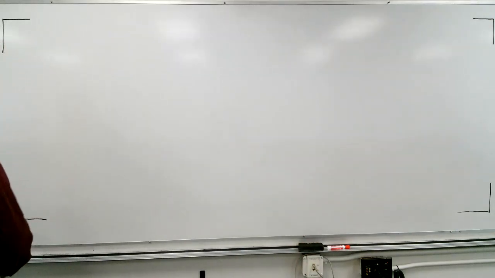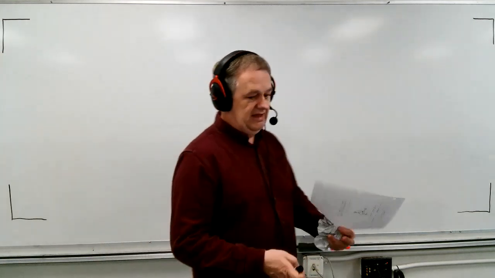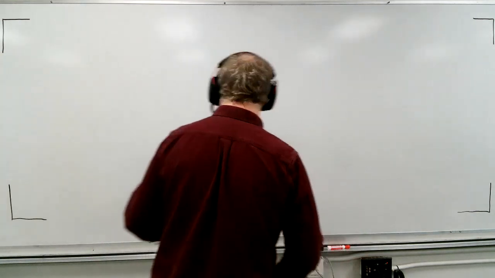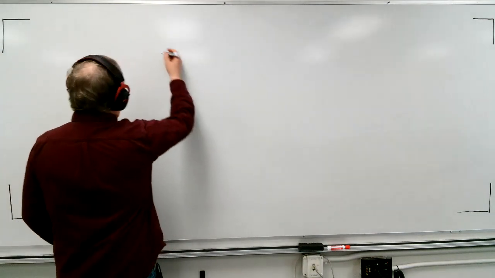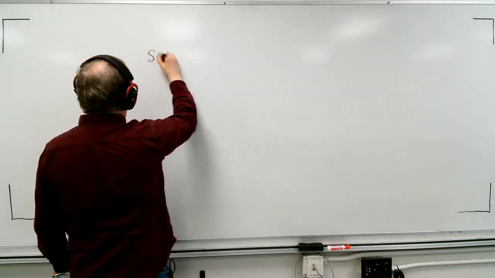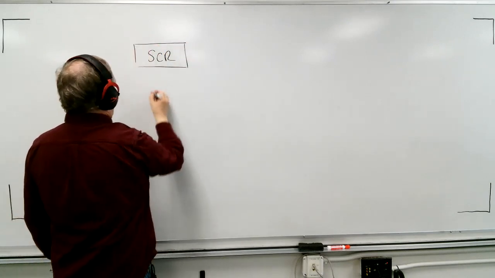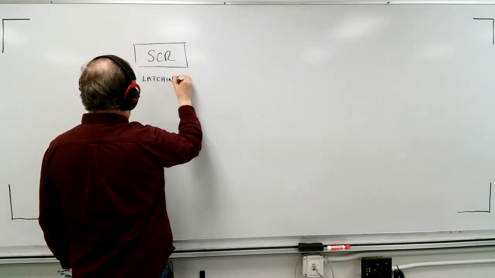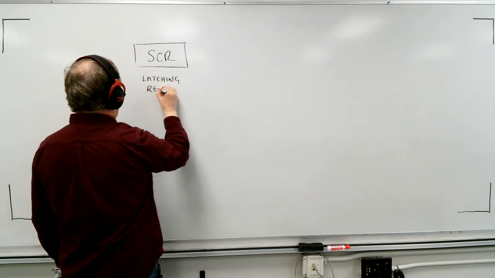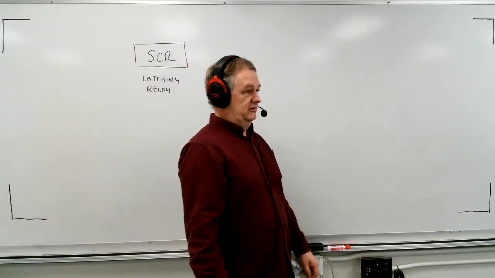Now I have one component left, and it is the LASCR. So let's continue on with that right now. We know that the SCR is essentially like a latching relay. In other words, when we apply voltage to it, it blocks.